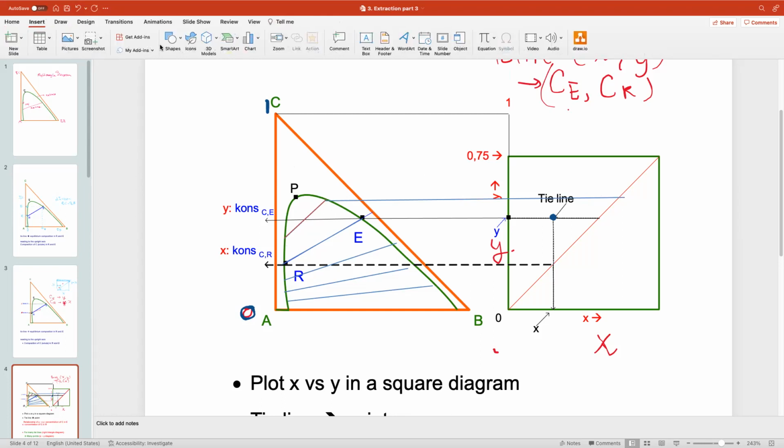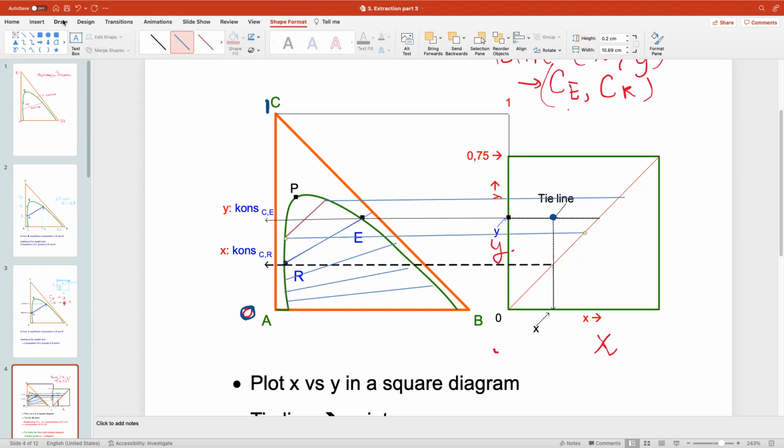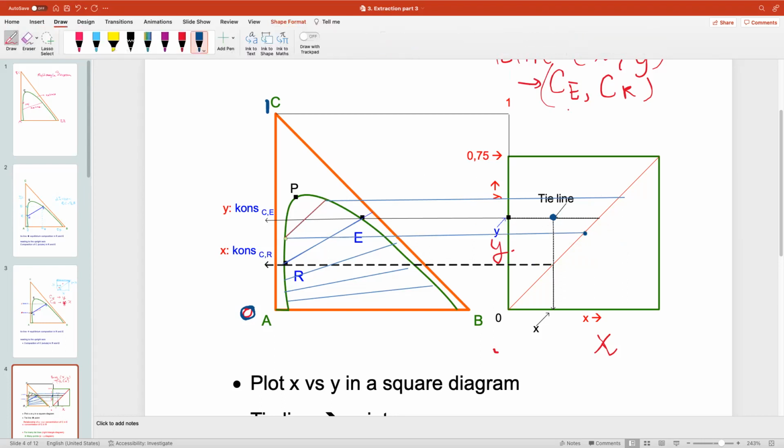I think it's better if you use your ruler, and draw again horizontally from the raffinate into the line of the red one. So this one is the x, and your point is going to be around this area. So the pink one here represents the red line, the higher one, with respect to the y and also the x.